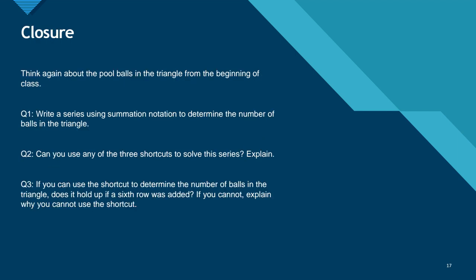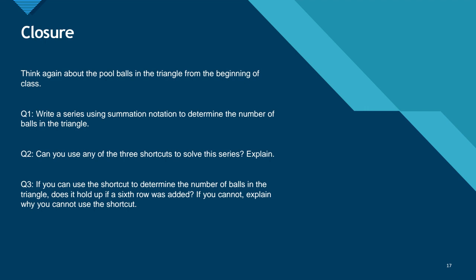So in closure, think again about the pool balls in the triangle from the beginning of the class. I want you to write a series using summation notation to determine the number of the balls of the triangle. And then can you use any of the 3 shortcuts to solve this series?